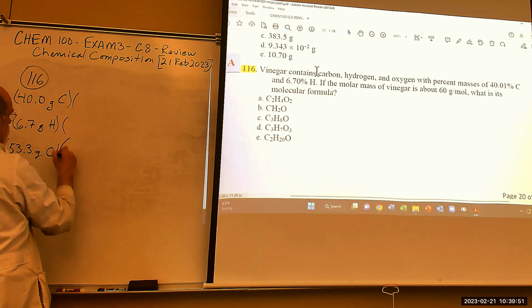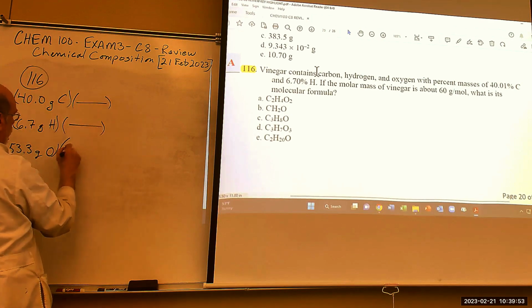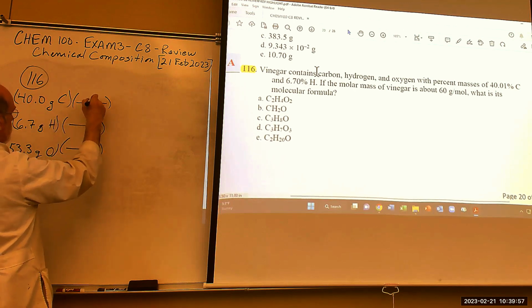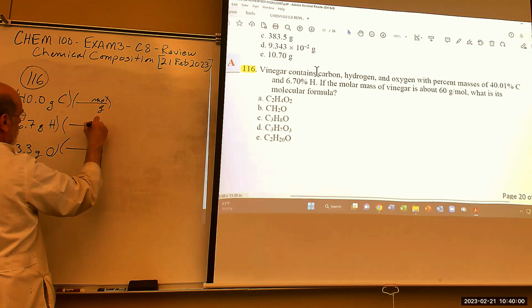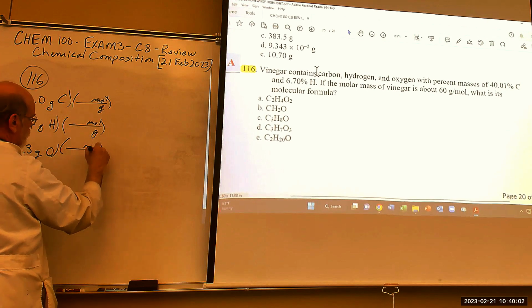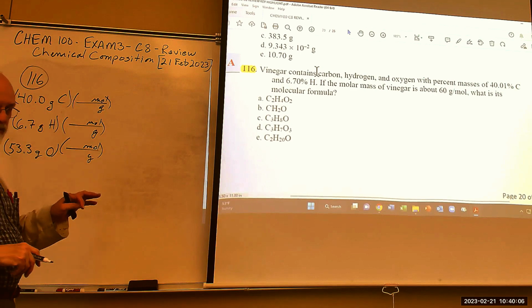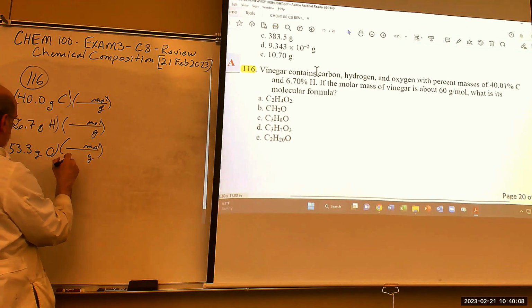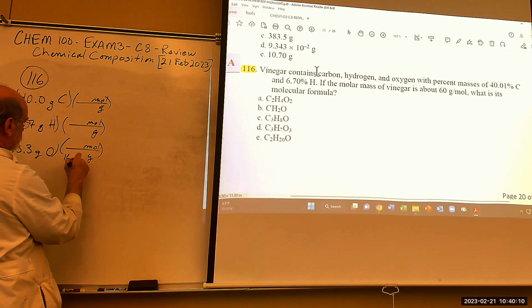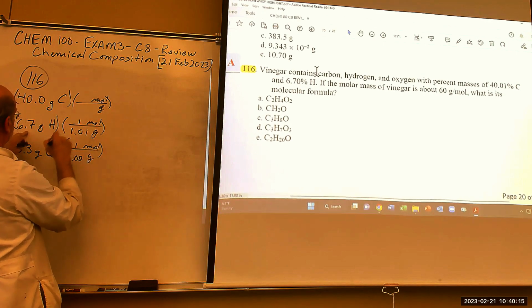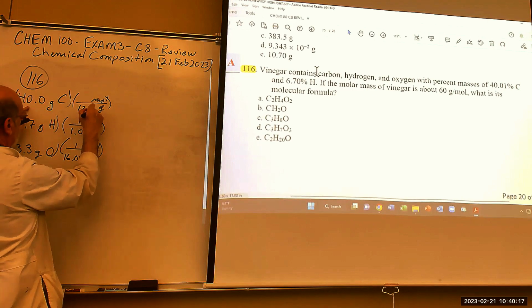Use Henry Ford. Grams on the bottom, cancel these grams, moles on the top, because our compounds are always written by ratio of numbers of atoms or moles of atoms in the formula. So oxygen is 16, hydrogen is 1.01, carbon is 12.01.